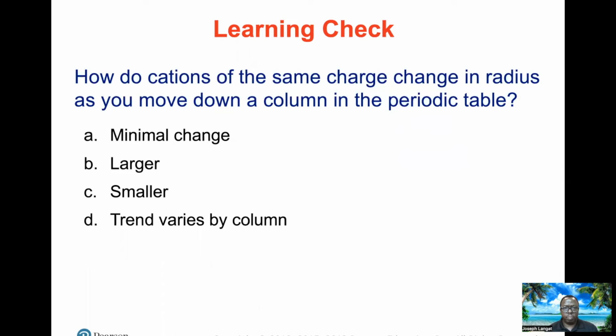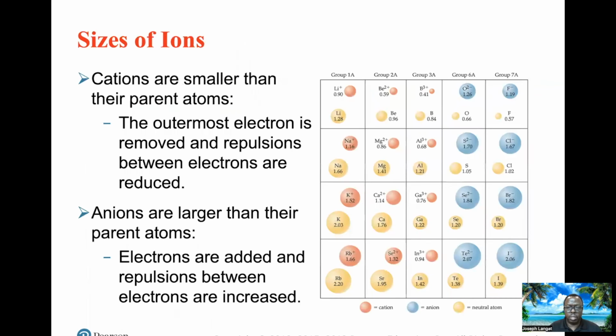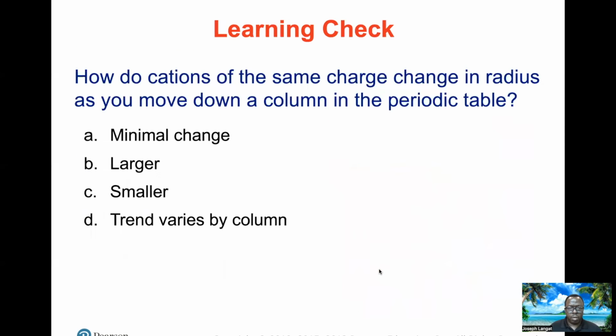In a column, it gets larger. It gets larger because if you look at the same column, same charge, it is getting larger and larger. So here, the correct answer is B.